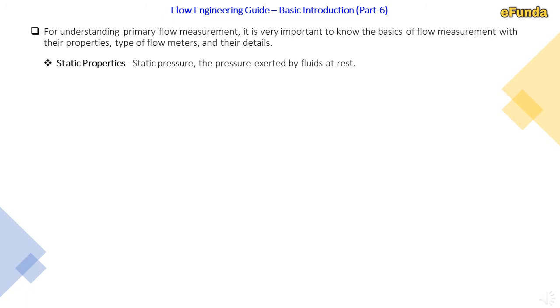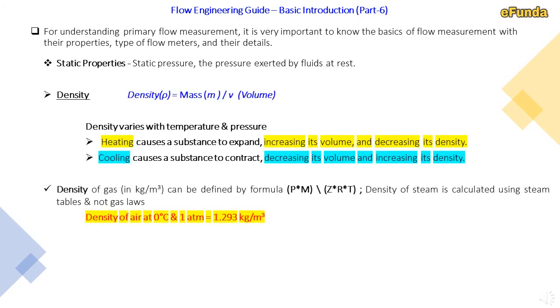Static properties: static pressure is the pressure exerted by fluids at rest. Density: one can see in the formula, density is equal to mass by volume. As everyone knows, density is very critical, as it varies with temperature and pressure, and the impact of heating and cooling.